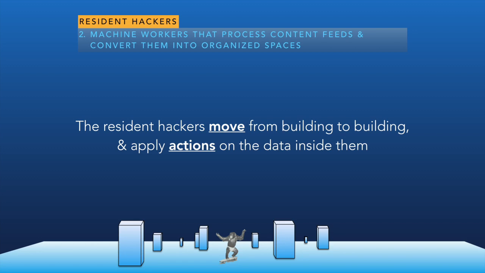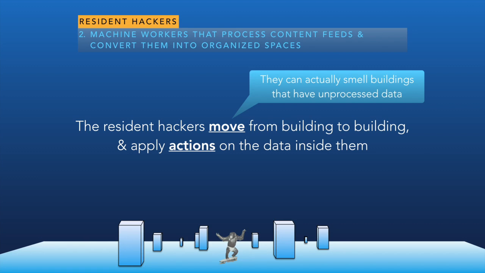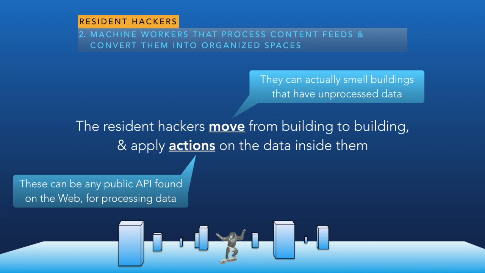They do that by basically moving from building to building and applying actions to the data inside the buildings. We use sensors to do that. For example, they have virtual smell emitted from buildings containing unprocessed data. And the actions they apply on data are basically public APIs they find on the web for doing the processing.